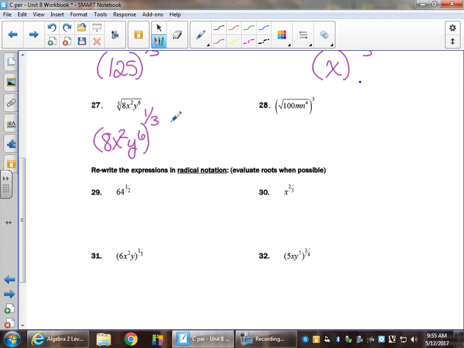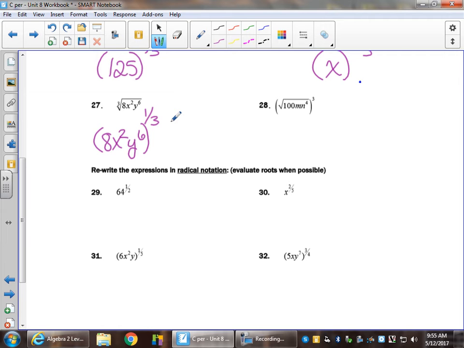28 is a little interesting. So take a second to look at 28. Is it the same thing? 3 is on the outside. Well, let's start on the inside. Wait, so isn't that the power? You're on the right track. What invisible little number is right there?